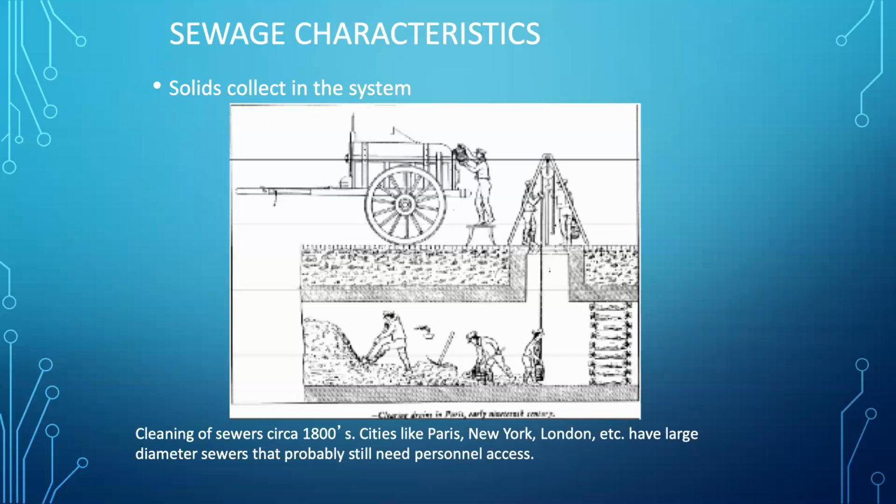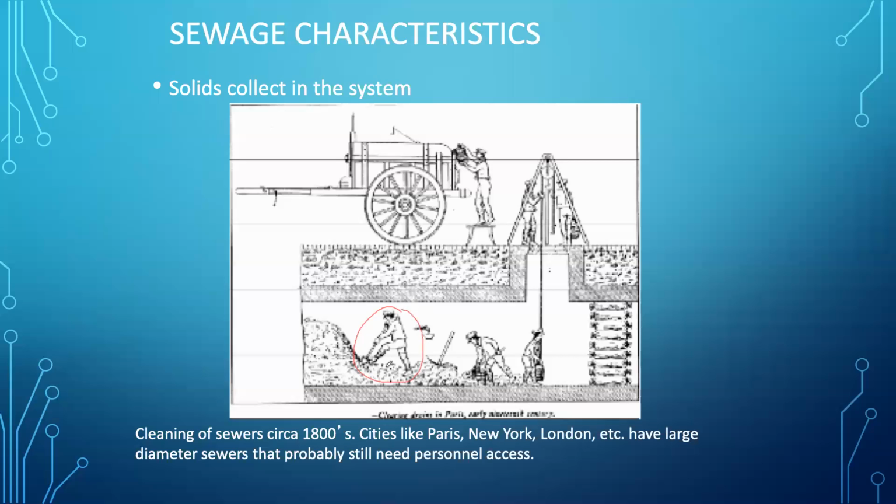So here's a picture of cleaning the solids out of a sewer, and this is in Paris, France, not Paris, Texas. And we have 3 sewer workers underground. This worker here, I want you to keep your eye on him because he's got a pretty special position.